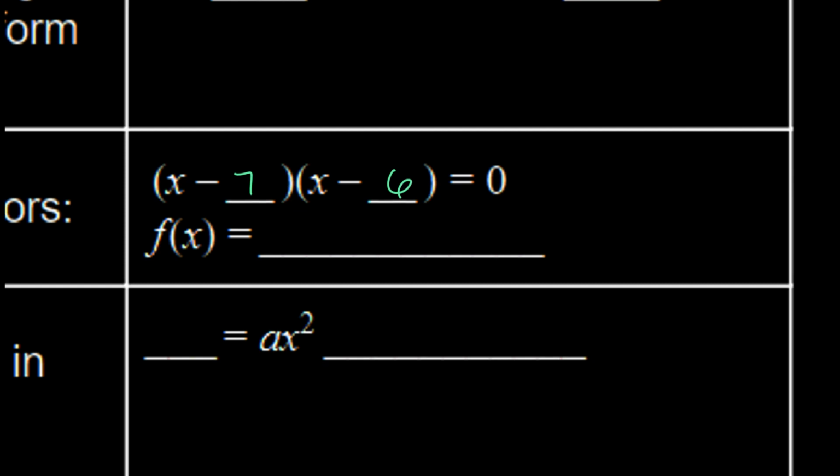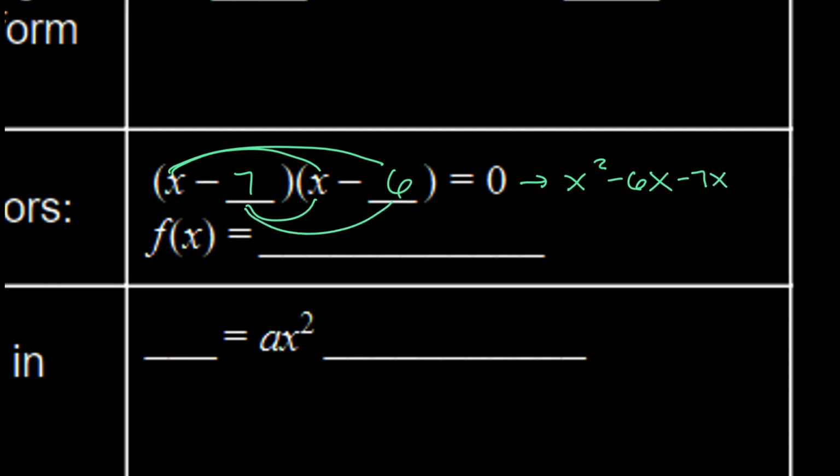We distribute the x to the x, and what do we get? X squared. Distribute the x to the negative 6, and what do we get? Distribute the negative 7 to the x, and distribute the negative 7 to the negative 6. Negative 7 times negative 6, and what do you get?